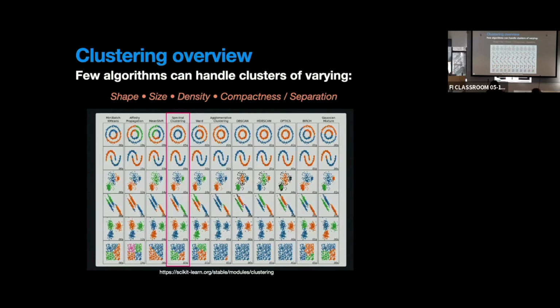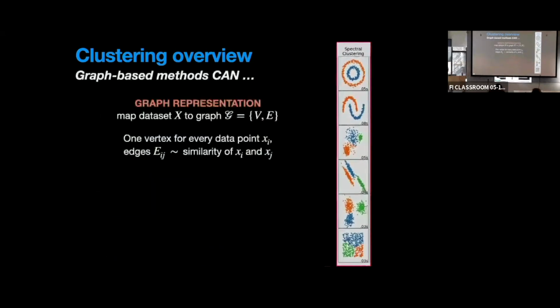I love this. Spectral clustering is actually a graph-based clustering approach. You build a graph where your vertices are your data points, and the edges that connect the data points represent some kind of similarity between them. That could be a Euclidean distance. You can plug in your favorite similarity. There's a very large subfield of statistics for dealing with graph-based analysis and proofs, so there's a lot that we can use here.